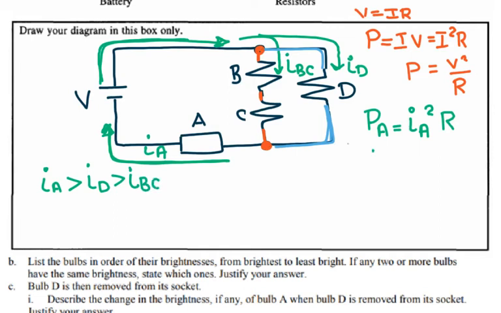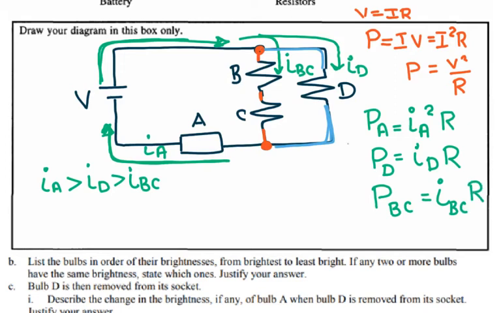So I know that the power on D, I_D squared times R, is going to be the next one. And then the last one is going to be the power through BC because they have smaller current through them.